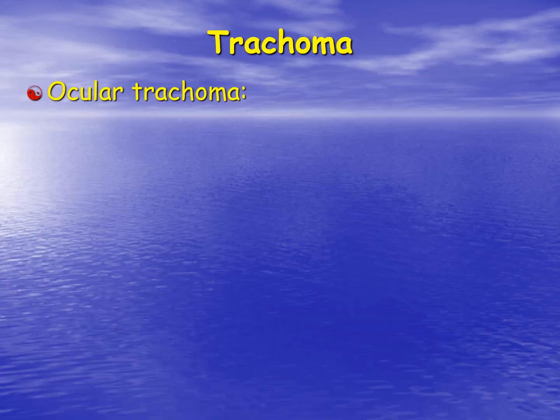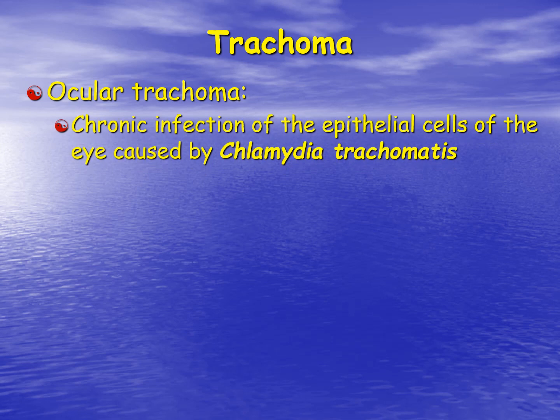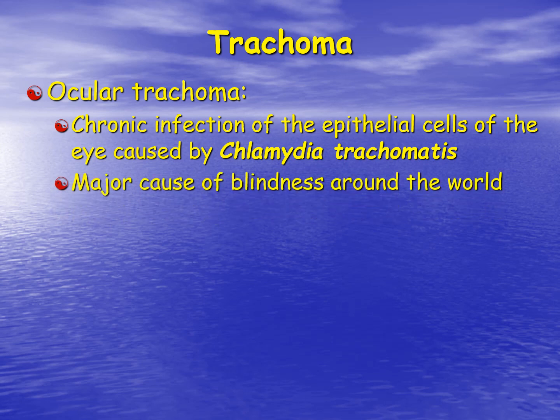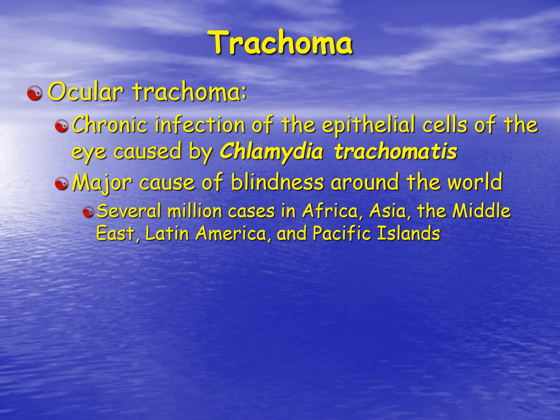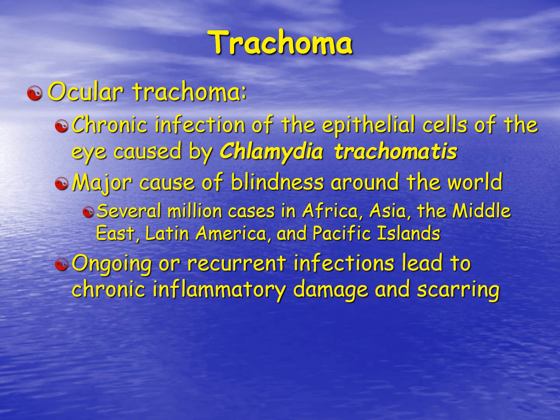Now, trachoma is caused by Chlamydia trachomatis, and this is a chronic infection of the conjunctiva of the eye. And this is a major cause of blindness around the world. Several million cases are seen every year in Africa, Asia, the Middle East, Latin America, and even some of the Pacific Islands.